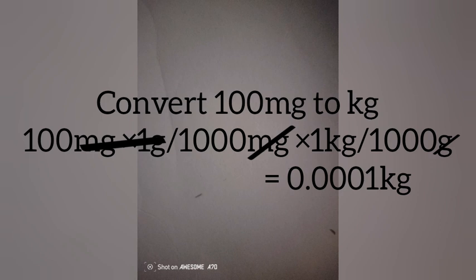Then kilogram to gram is also 1 over 1000. Now those two conversion factors are joined together. Look at it. There we now have the multiplication. 100 milligram times 1 gram over 1000 milligram times 1 kilogram over 1000 grams. That equals 0.001 kilogram.